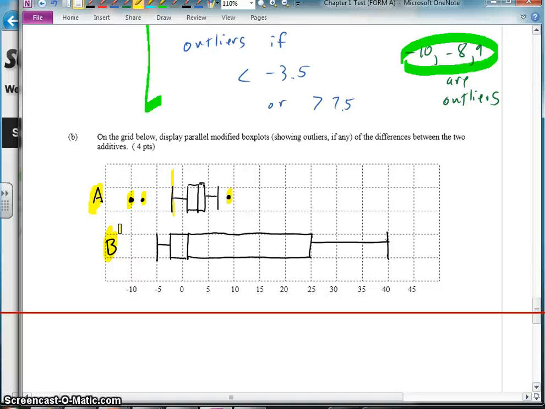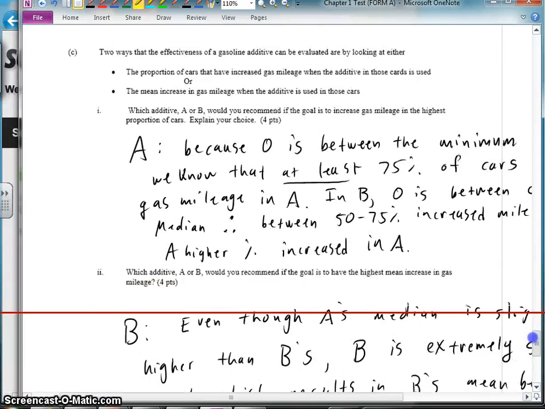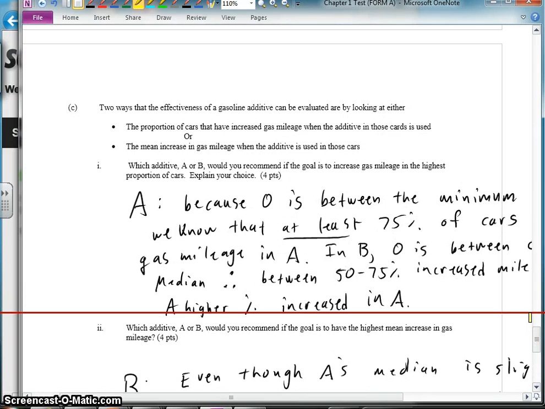A lot of times the way these questions go is they have you create a graph, and then you're going to answer some questions, and they may not ask about the graph specifically, but the graph will help you answer the questions. So let's look at this. It says that there are two ways that we can gauge the effectiveness of the additive.